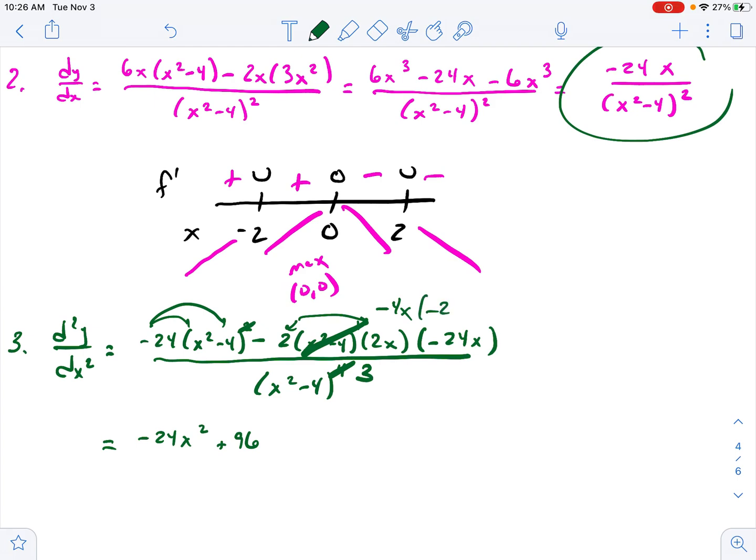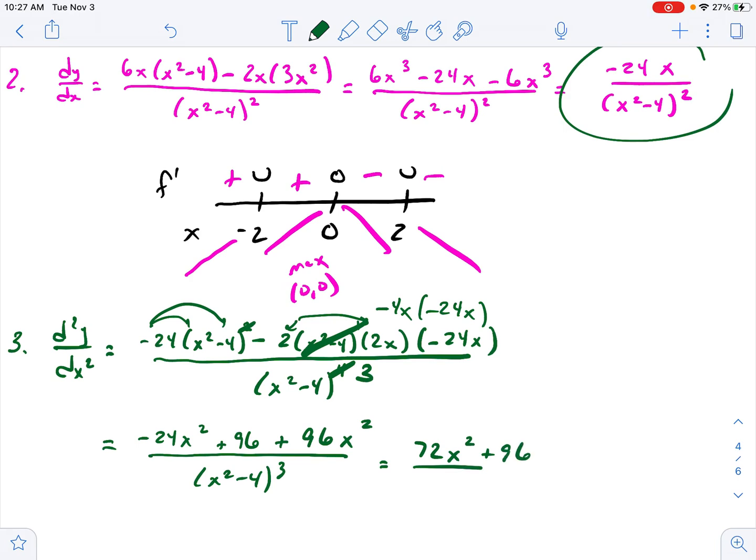Again, think of this and that as a negative 4x that we're multiplying by. So that's going to give us a plus 96x squared over denominator cubed. And we can combine the x squareds. 96 minus 24 is 72.